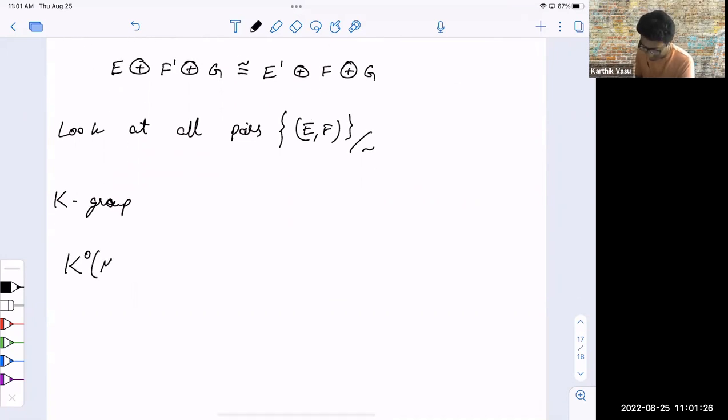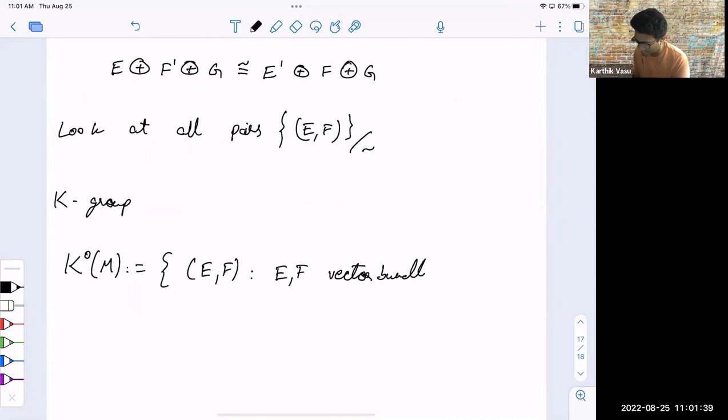This is the 0th K group. There are also 1st, 2nd, and 3rd K groups, but I will not say that here. So it is all E and F, vector bundles over M, over the quotient.